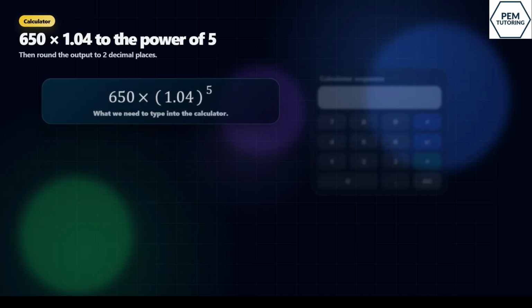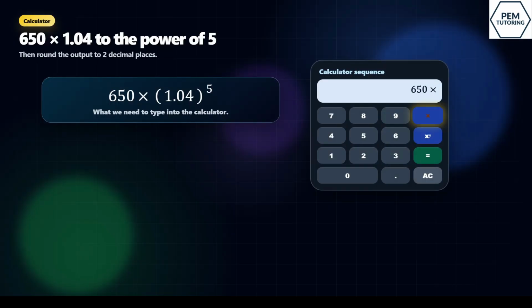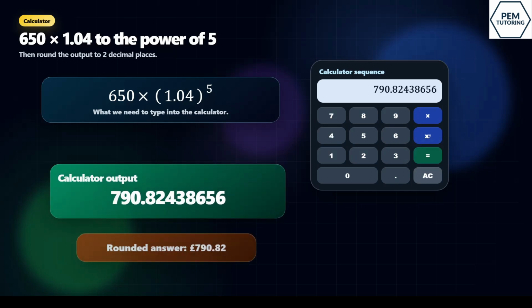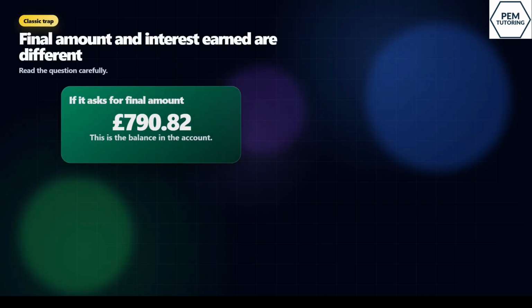On the calculator, type 650 multiply 1.04 power 5 equals. You get 790.824388656. Round it to 2 decimal places. Aisha has £790.82. But here's a classic trap.